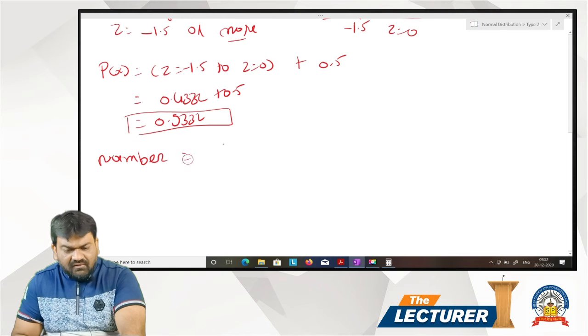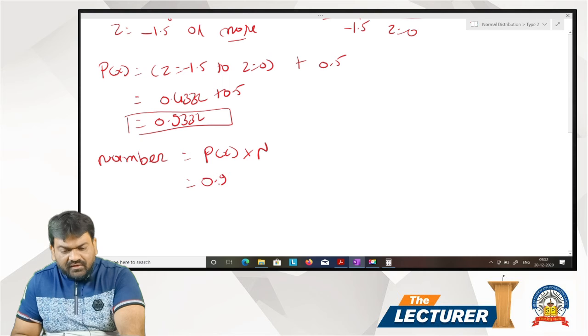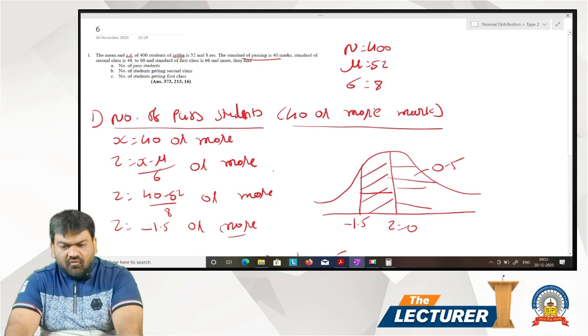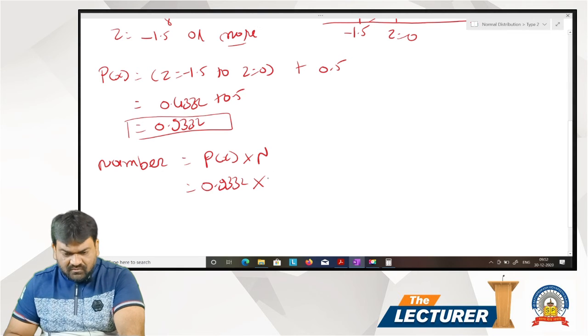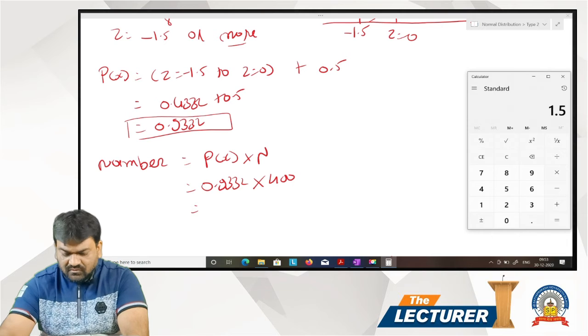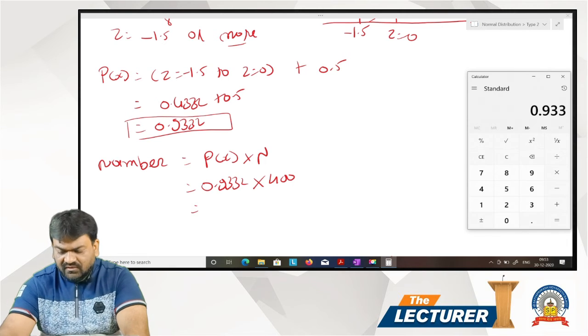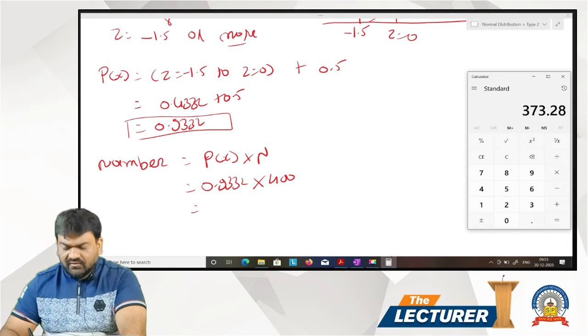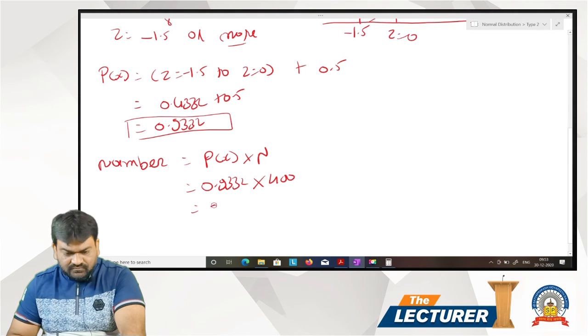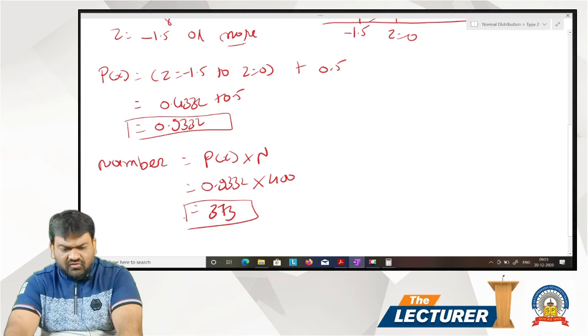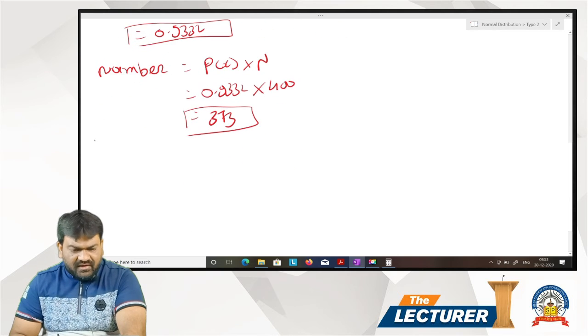So number is equal to probability multiplied by capital N. 0.9332 multiplied by the number of observations, 400, is 373. There are 373 students who passed the examination.